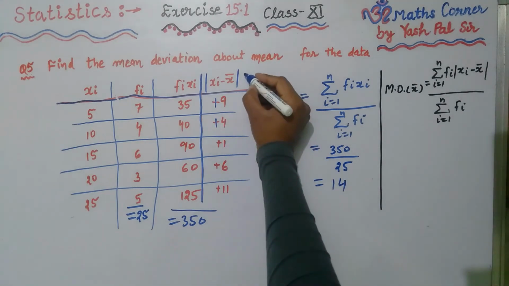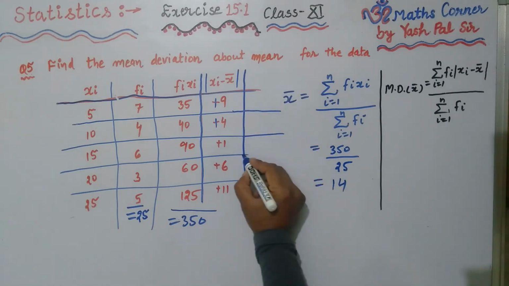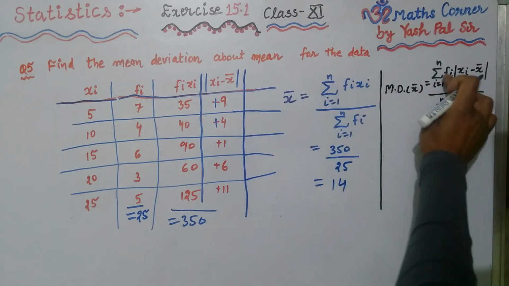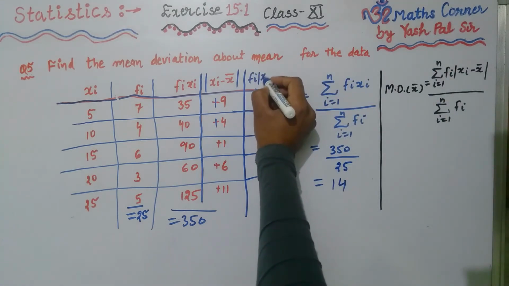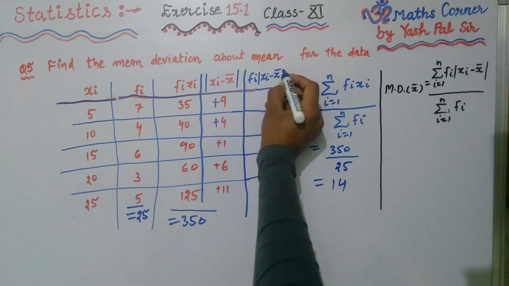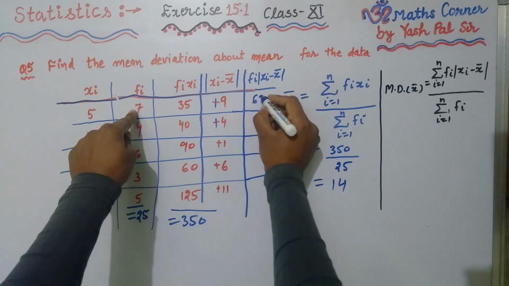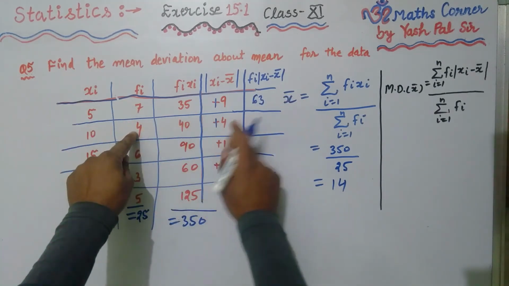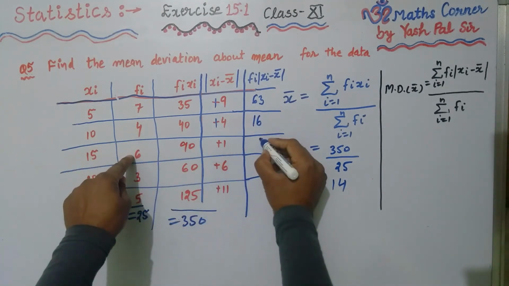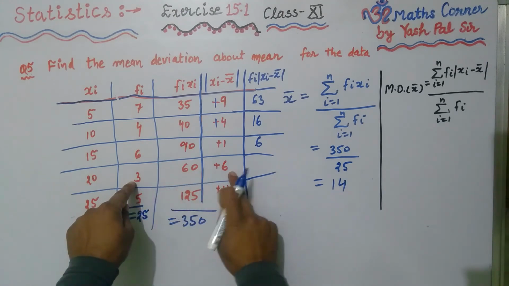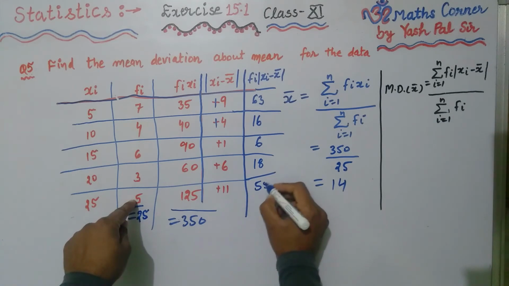Now in the next column, we write fi into mod of xi minus x bar. 9 into 7 is 63. 4 into 4 is 16. 6 into 1 is 6. 3 into 6 is 18. 5 into 11 is 55.